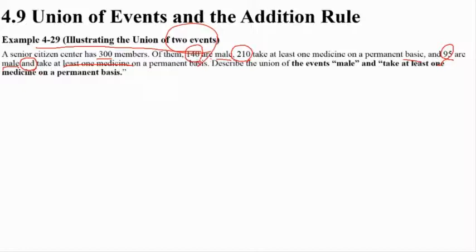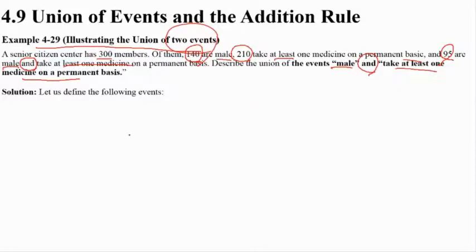So male is 140, at least one medicine is 210, and both together is 95. You're looking to describe the union of the events male and takes at least one medicine. What does that mean?